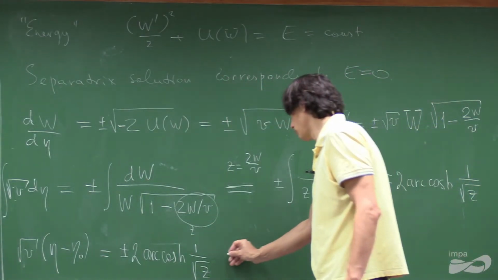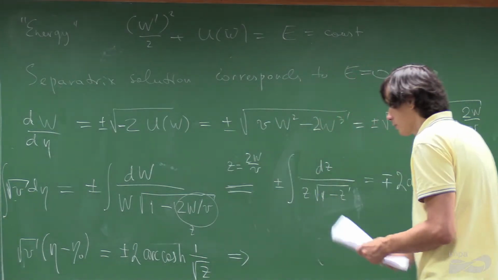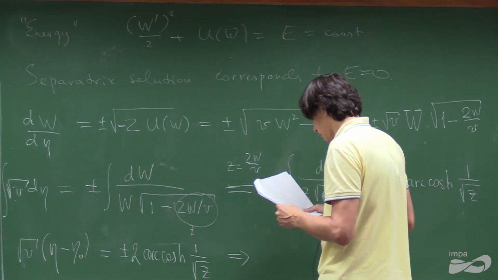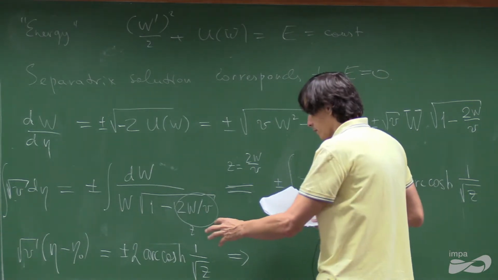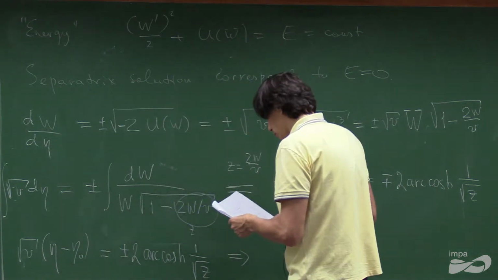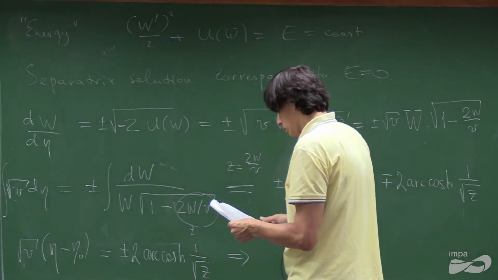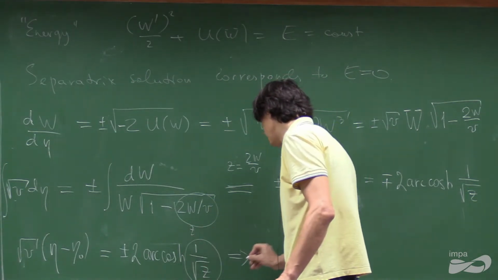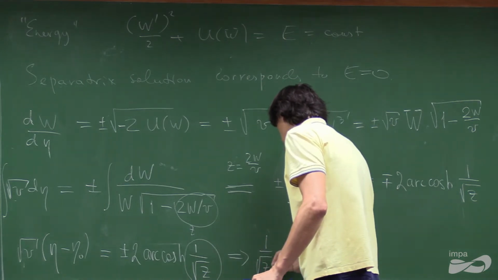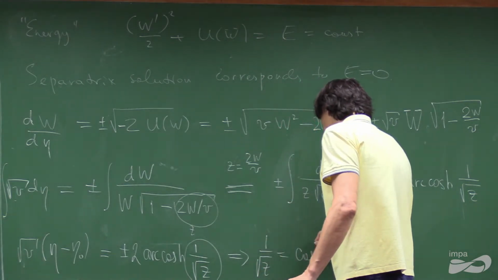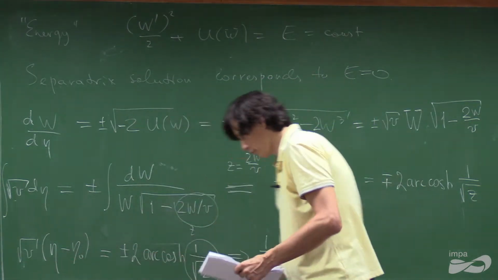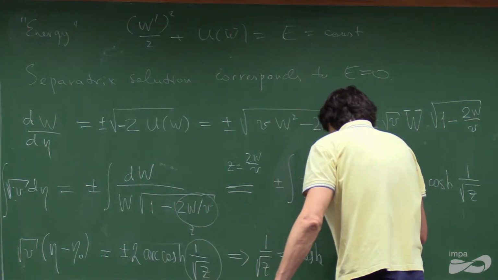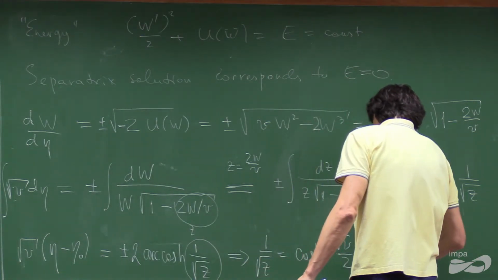So now what you do, you put 2 there. So then you can express this as: 1 over the square root of z will be cosine hyperbolic of the square root of v divided by 2, times eta minus eta 0.